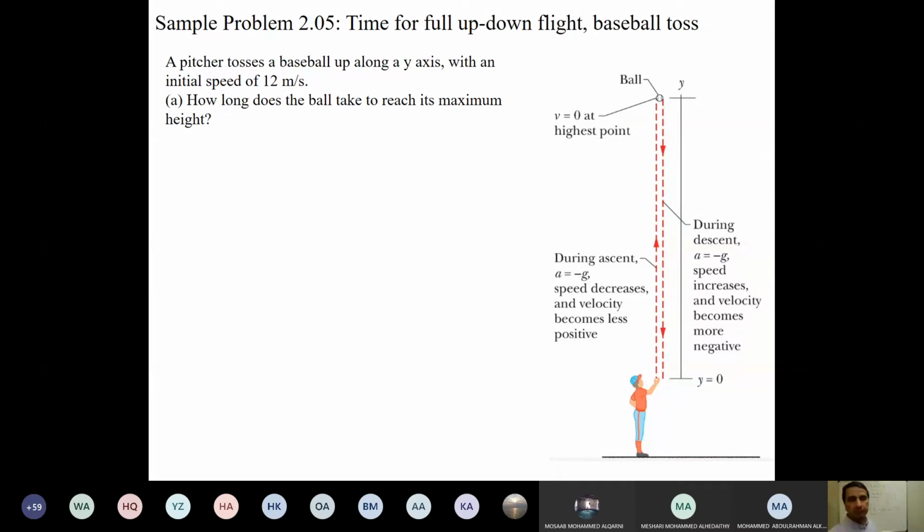It's a very extended example. A pitcher tosses a baseball up along the y-axis with an initial speed of 12 meters per second. How long does the ball take to reach its maximum height? Okay, so let's see in the whiteboard here.